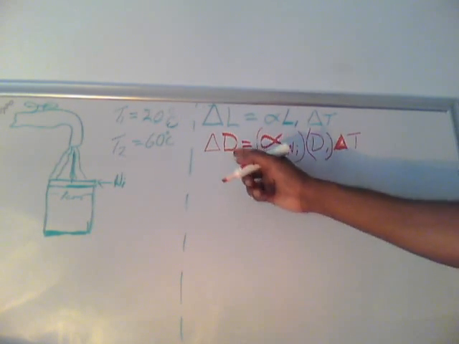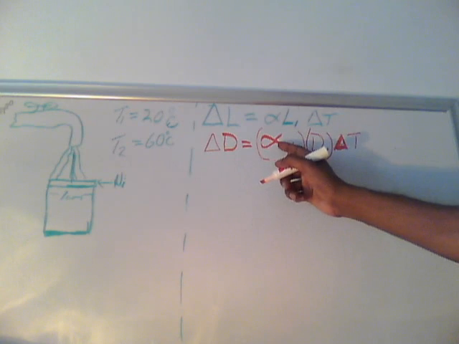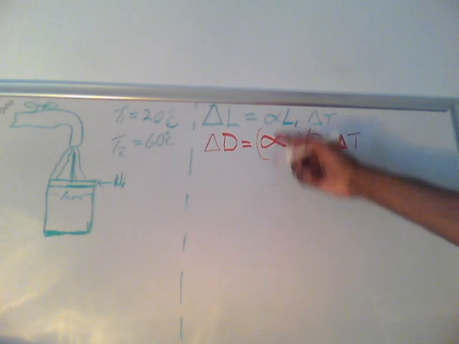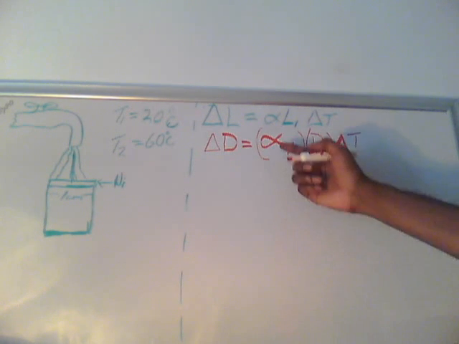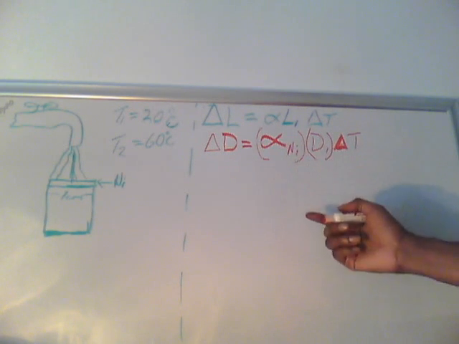So change in diameter is equal to the coefficient of thermal expansion for nickel. The coefficient of thermal expansion is a material-dependent property that can be looked up in any engineering reference manual.